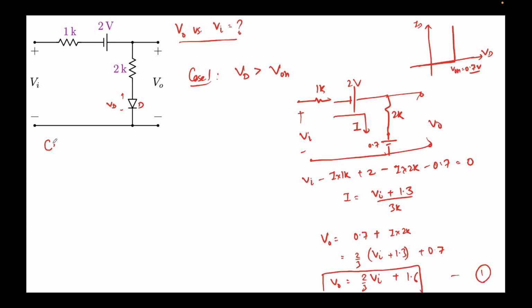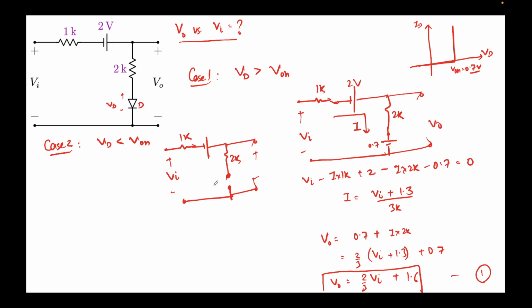Now let's do case 2. Case 2 is when Vd is less than V on. I'll again draw the circuit diagram. In this case, since the diode is turned off, this is an open circuit, zero current according to our model, with the 2K. This is Vi and this is the V out that we have.